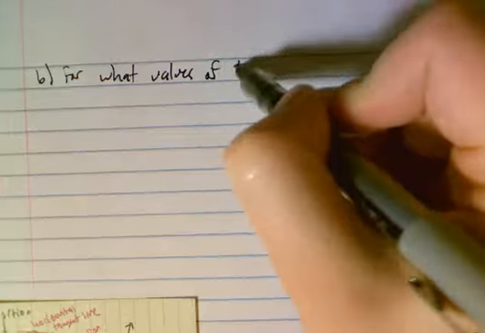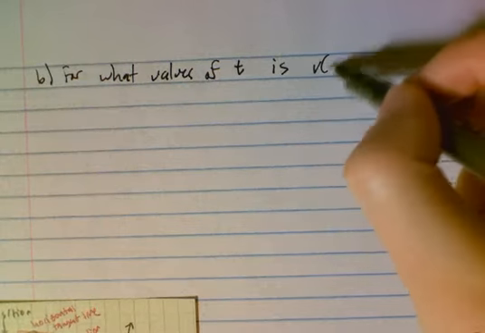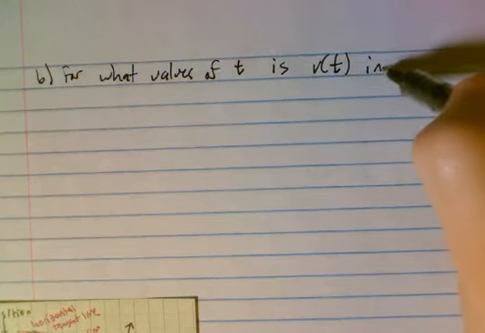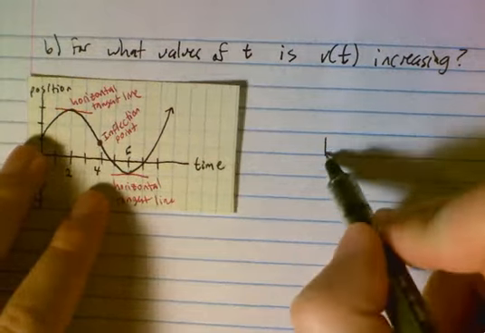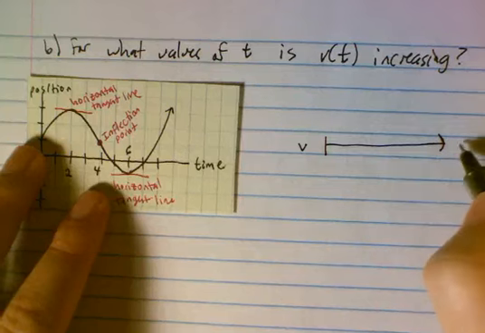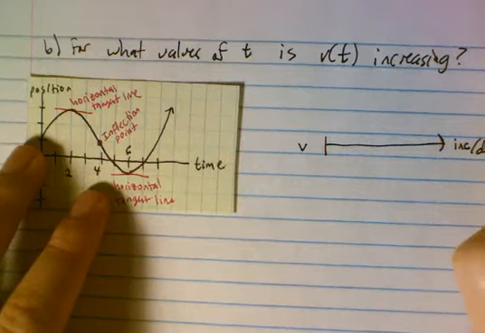We can also be asked about other related topics. I'm going to bring the graph along for the ride here. How about, for what values of t is v of t increasing? Remember, we've got position, so I'm going to do my v graph.